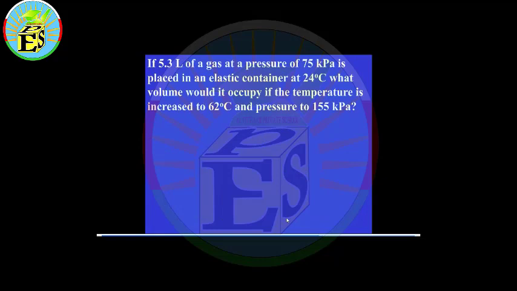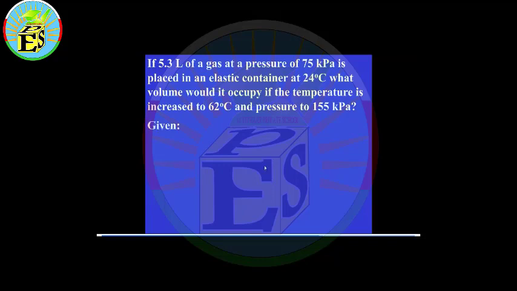Another example: if 5.3 liters of a gas at a pressure of 75 kilopascal is placed in an elastic container at 24 Celsius, what volume would it occupy if the temperature is increased to 62 Celsius and the pressure to 155 kilopascal?